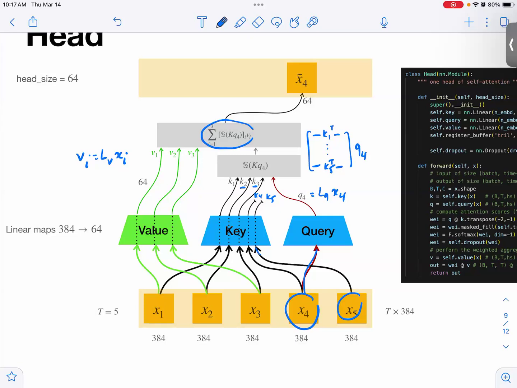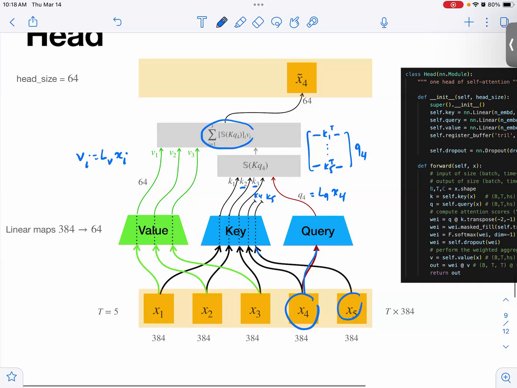If this word is very similar to this one, then the weight would be higher, so I use a higher weight in averaging the values of this word. But more complicated things are happening here because of these linear maps, and if you multiply this out, you would see that.